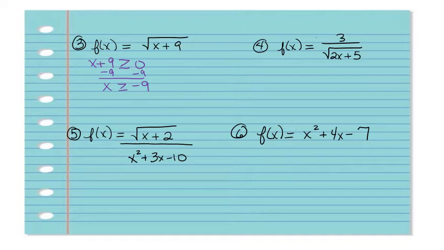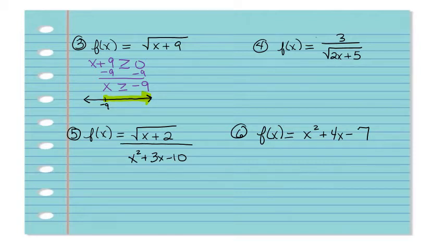Okay, now I didn't do the number line on the previous ones, but just to refresh your memory, if x is greater than or equal to negative 9, I would have this. And that would be a hole where the 9 is. Not a hole, a closed circle where the 9 is.